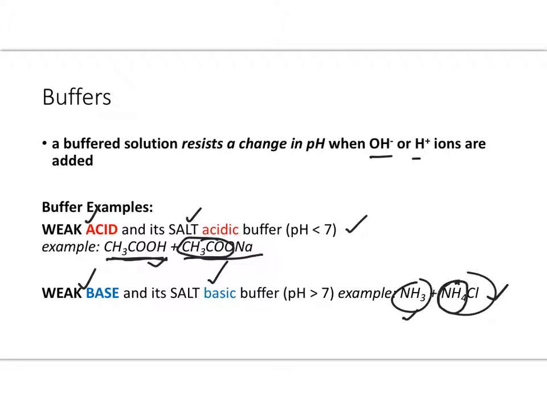These solutions by themselves will have their own specific pHs, and we'll look at that. And if we add hydroxide or hydronium ions to these solutions, we will see a change in pH, but not as drastic as if we would have added them to a container full of water.